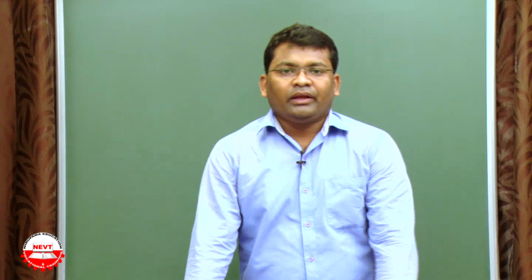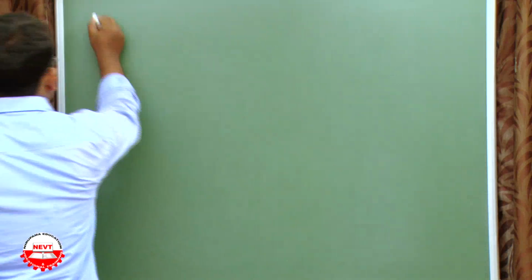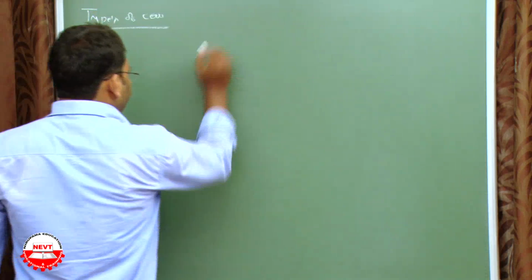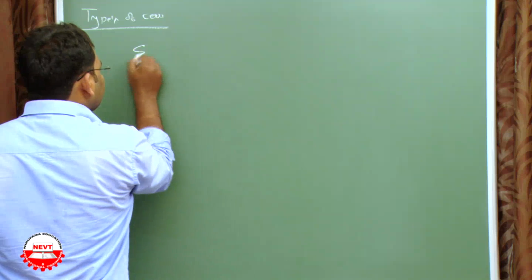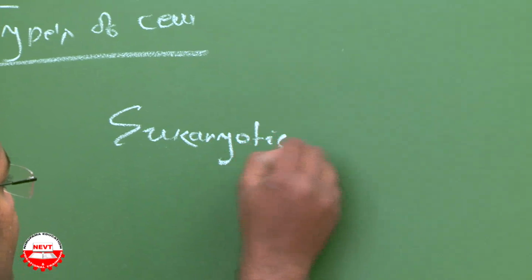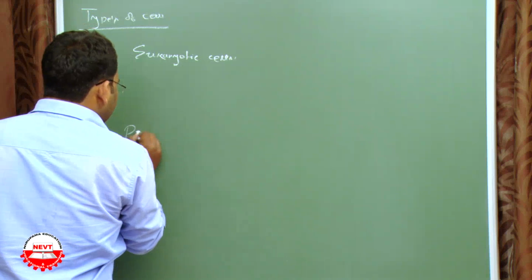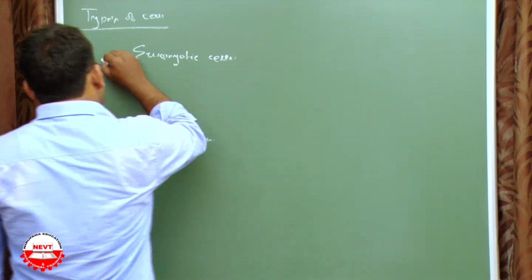According to the complexity of the cells, there are two types: eukaryotic cell and prokaryotic cell. So what exactly is a eukaryotic cell?